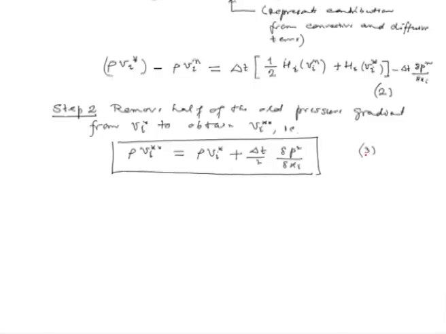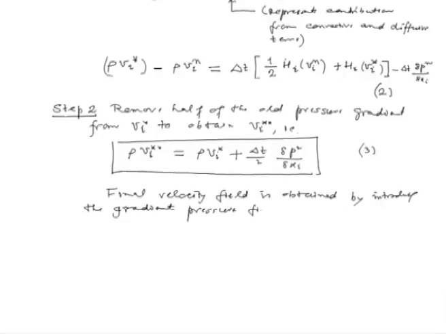Now, the final velocity field is obtained by introducing the gradient of the pressure field at t n plus 1, but that is still unknown.